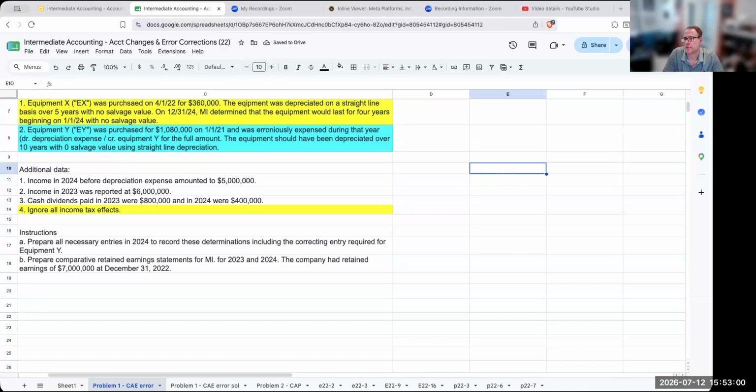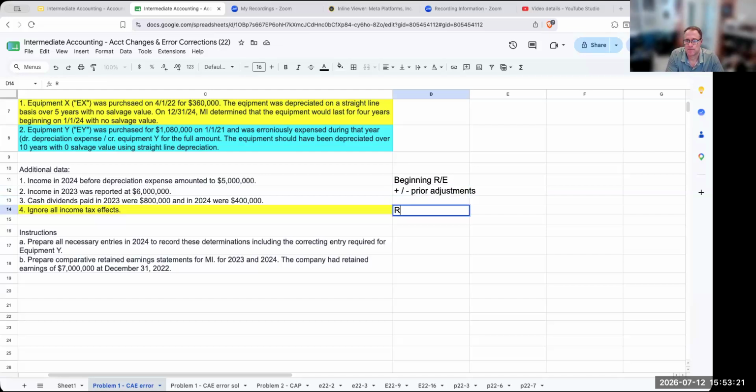Okay, so when we're looking at our statement of retained earnings, it's beginning retained earnings, right? So basically plus or minus prior adjustments. And then over here, we're going to have retained earnings as adjusted.